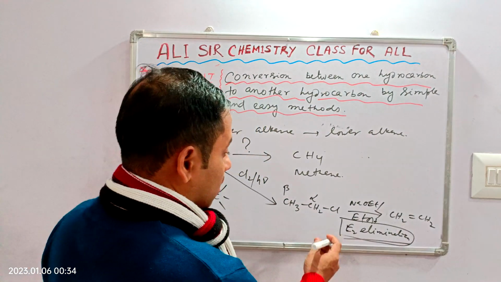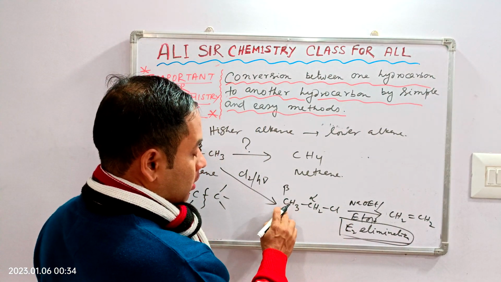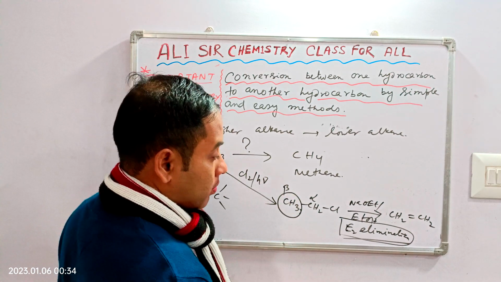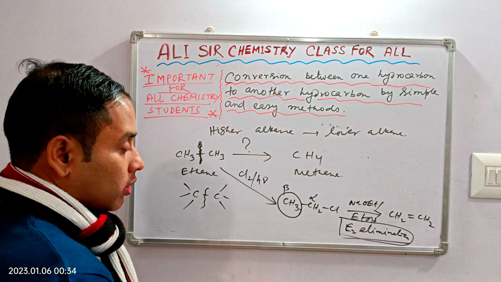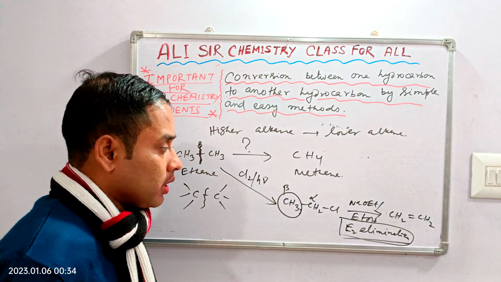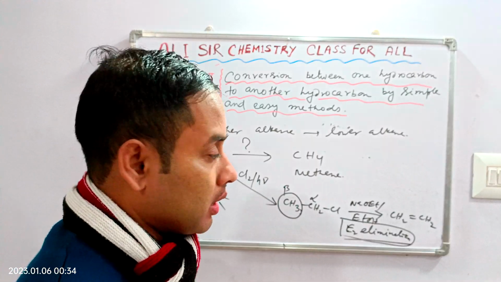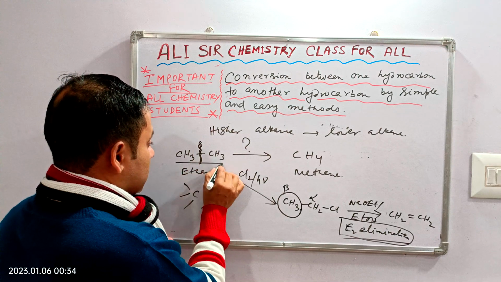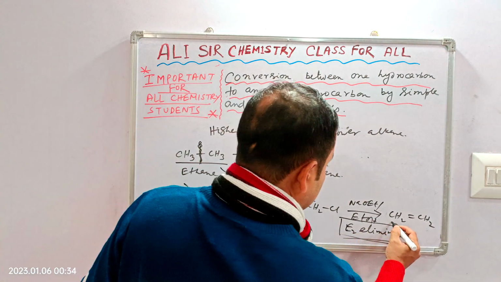You see that this is the halogen, this carbon is alpha, this carbon is beta. In the beta carbon there are already 3 hydrogens present. So if you treat this ethyl chloride with sodium ethoxide and ethanol, we will get alkene. So we move from ethane to ethylene.